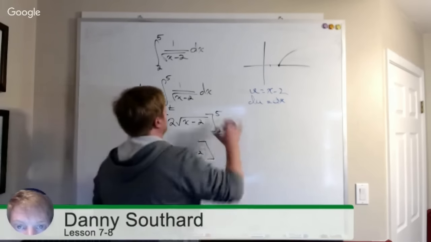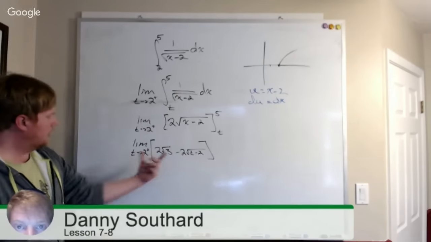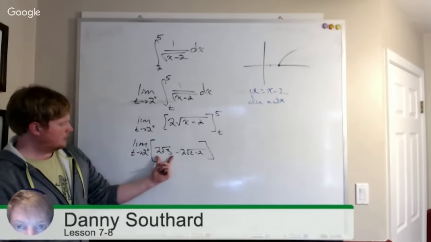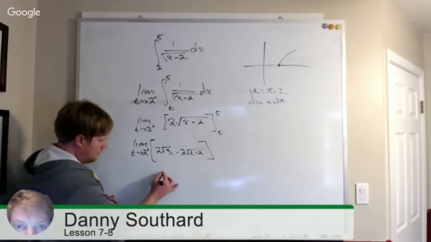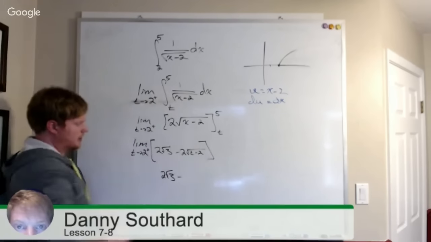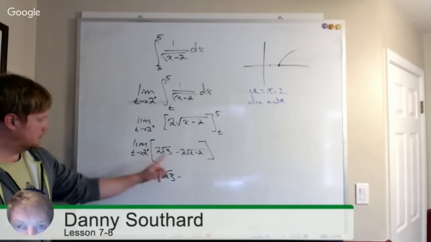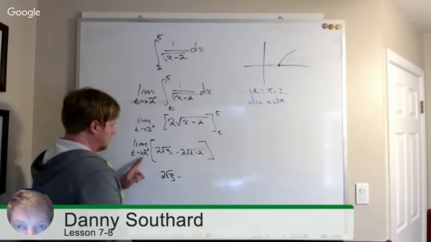Ooh, you know what? I think I drew that wrong, but it's okay. All right, so now, obviously this is going to be 2 square roots of 3, but what is this going to come out to be? What is this going to be when I approach t from the positive side?